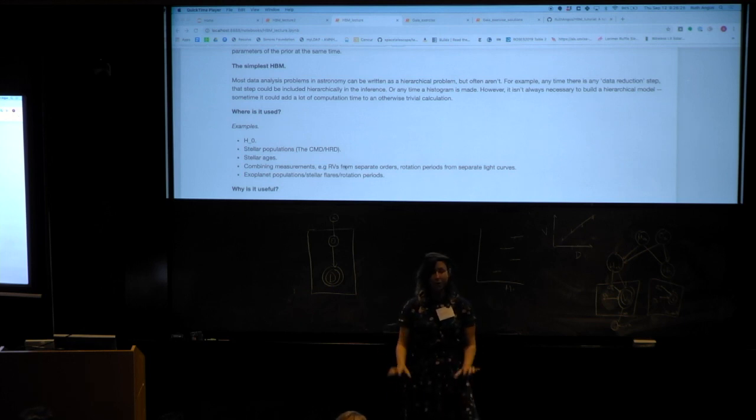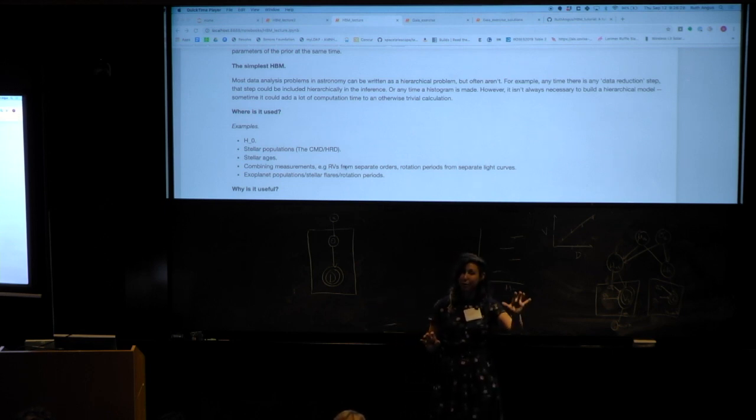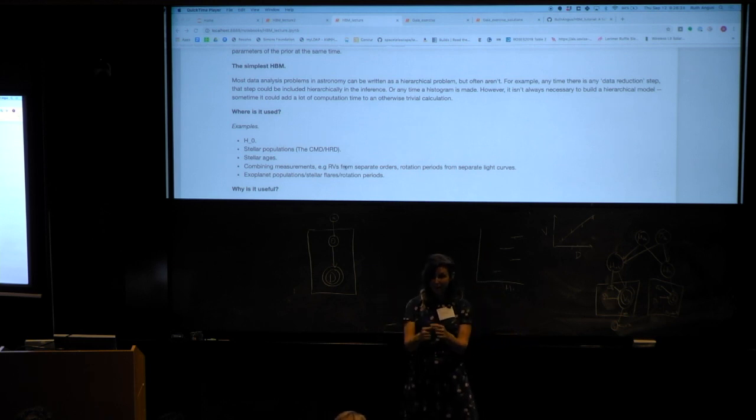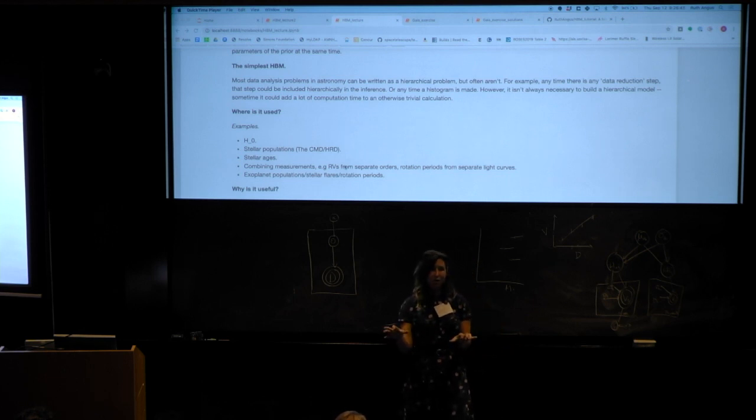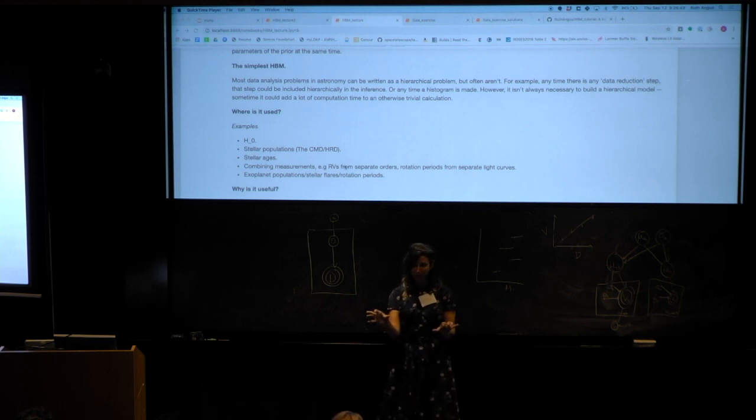And so that's another way, again, in a hierarchical version. I could measure a rotation period from the K2 data set and a rotation period from the MOST data set and take the mean. But the more principled way to do it is just to infer one rotation period from both data sets. And in that case, I'm not giving myself too much more work to do because it's not a large increase in the number of parameters of my model.